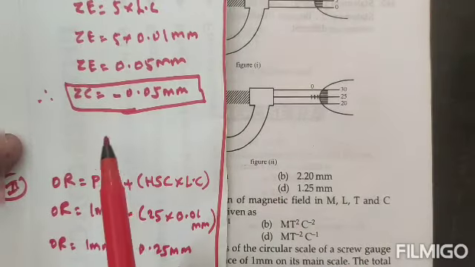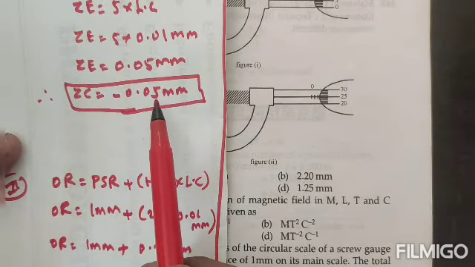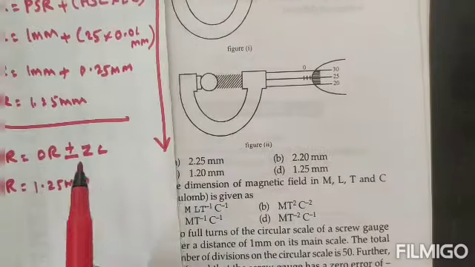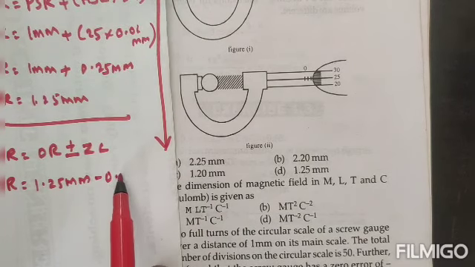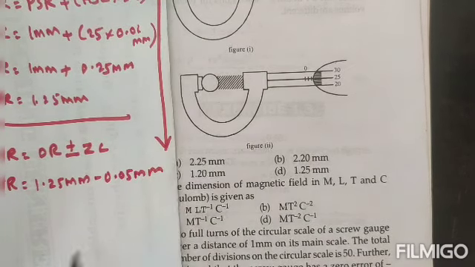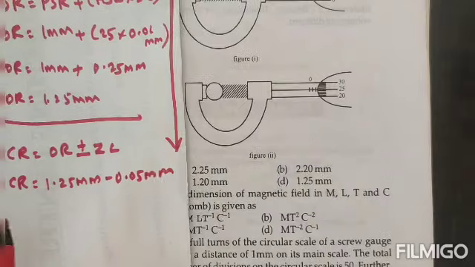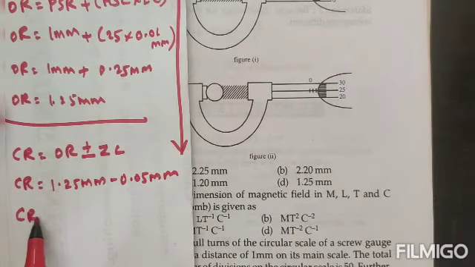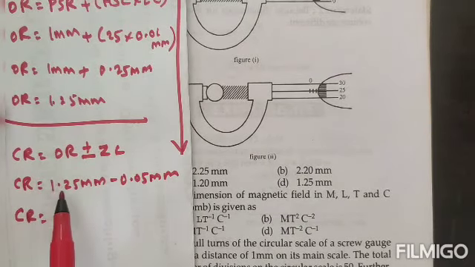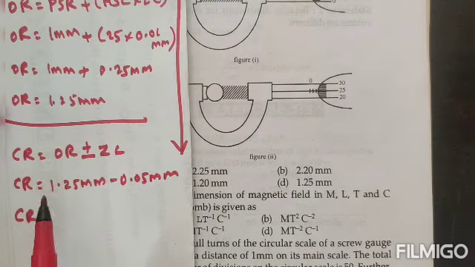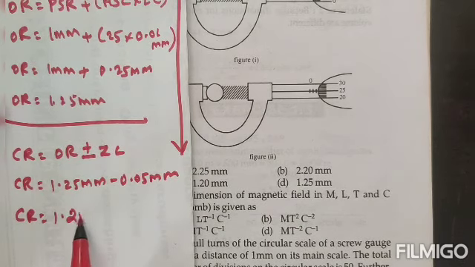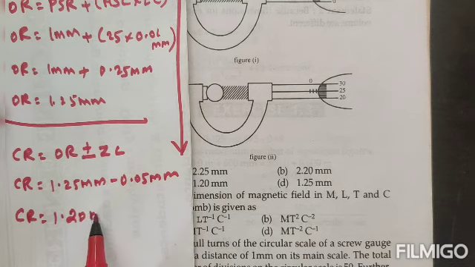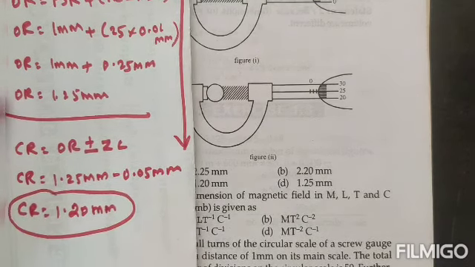What we got? Minus. So minus 0.05 millimeter. That is the correction. So 0.05 we want to reduce. Therefore correct reading equals 1.25 minus 0.05, which is 1.20 millimeter, that is the correct reading.